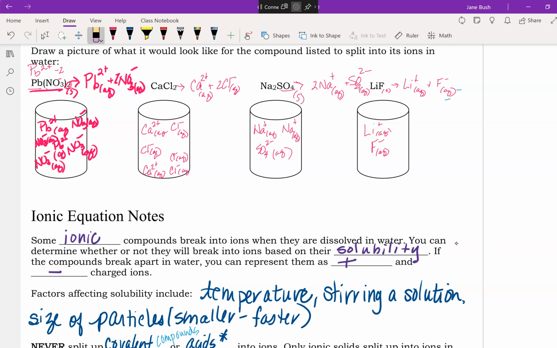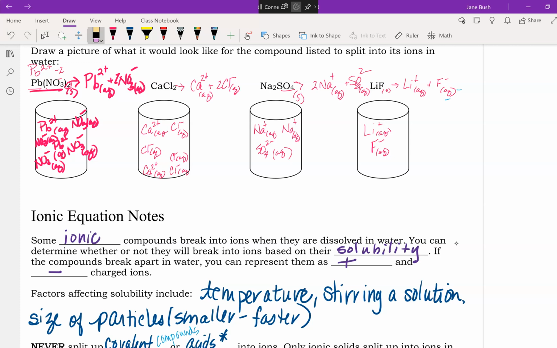Some things are more soluble than others. So with our solubility chart, we're talking about normal room temperature and pressure. There's a solubility constant, a K, and if it's above a certain number, but we're not going to get into all that.